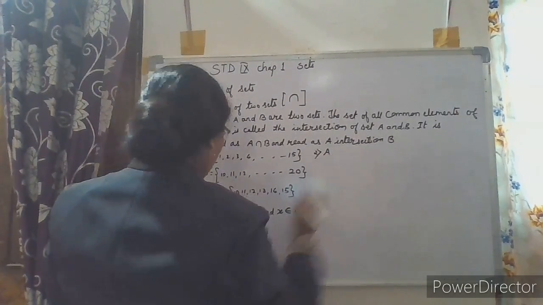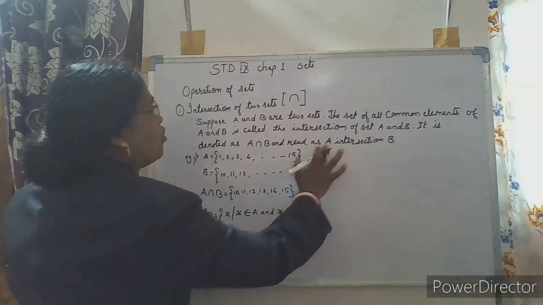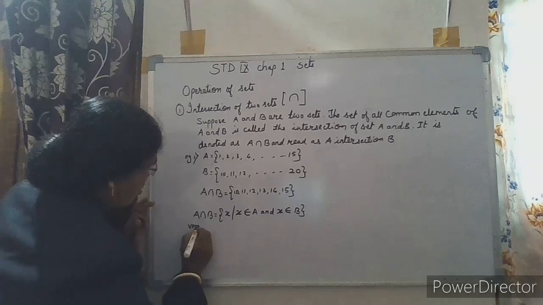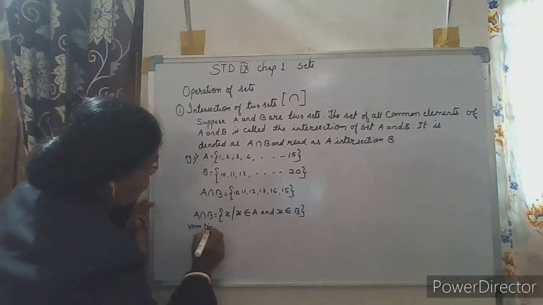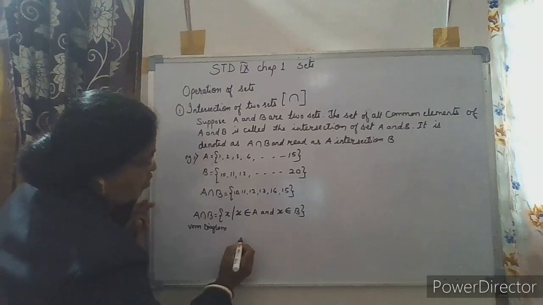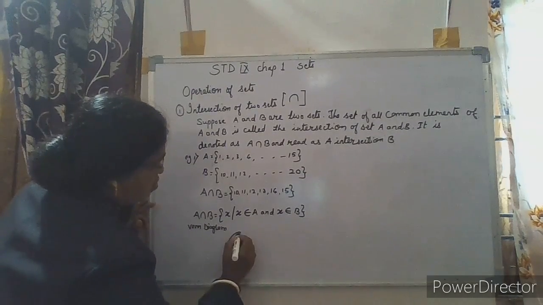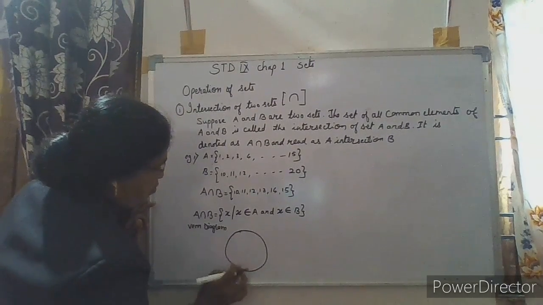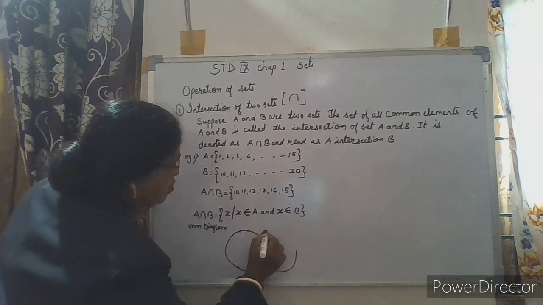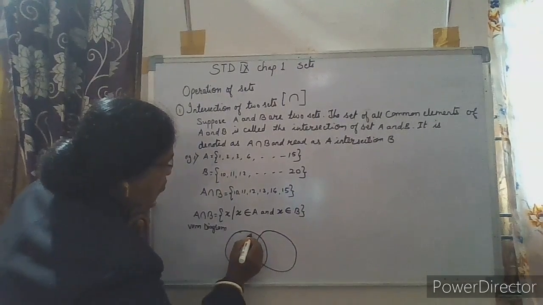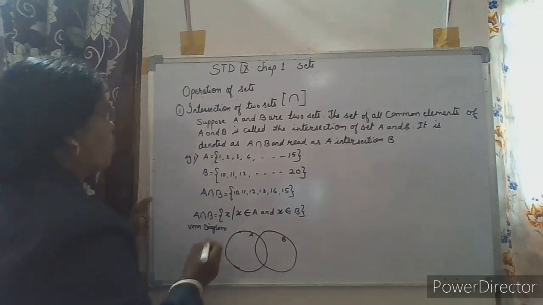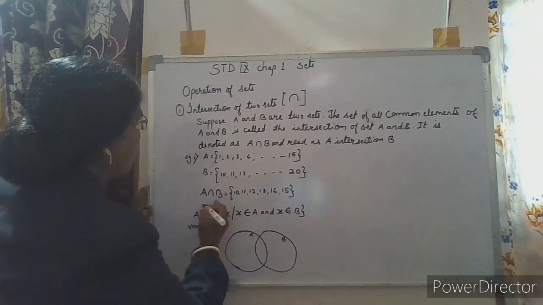Before going to the example 2, let us draw the Venn diagram of this, that is set A, this is set B. Now, what are the common elements?